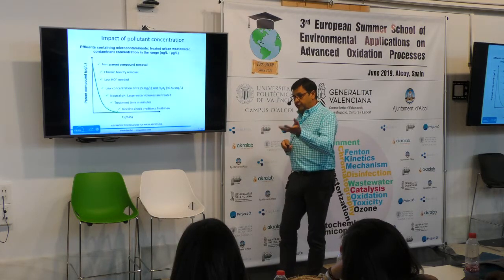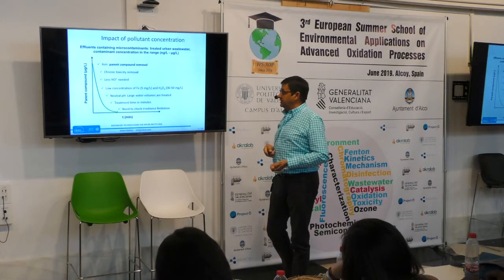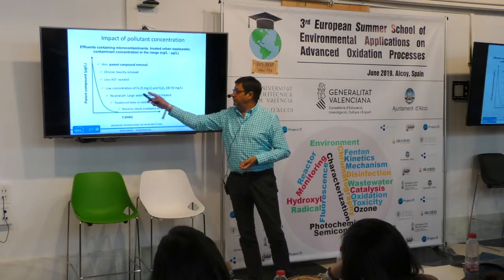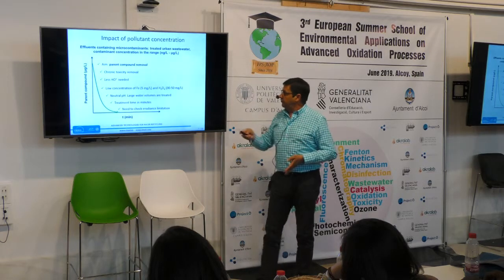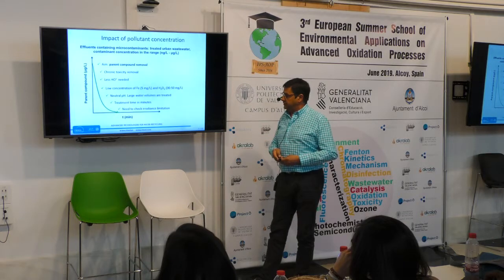As the concentration of contaminants is very low, we have a low need of hydroxyl radicals, and we use low concentration of iron and hydrogen peroxide, typically 5 milligrams per liter and between 30 and 50 milligrams per liter.